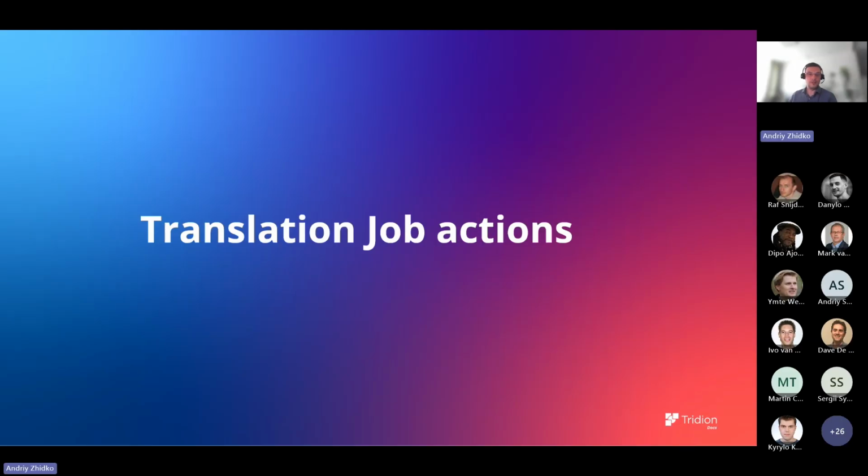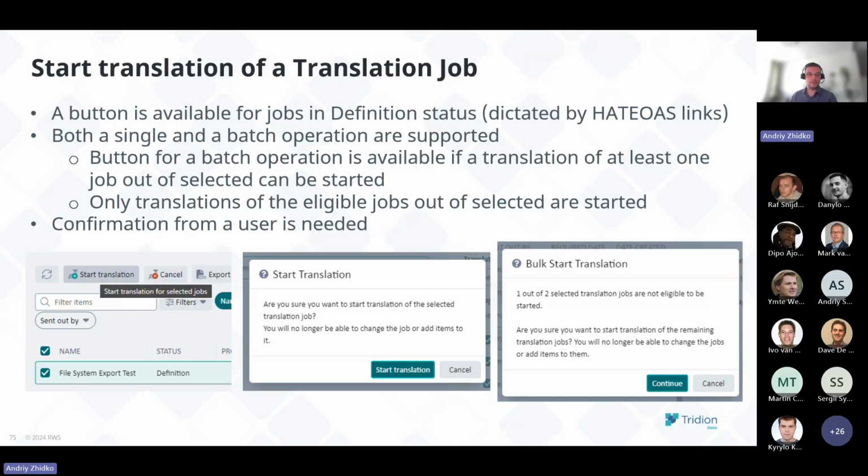So let's talk about the translation job actions. Let's first talk about the start translation action for a translation job. As I mentioned previously during the business part, you can start translation only in definition state. You can use both single and batch operation for that.